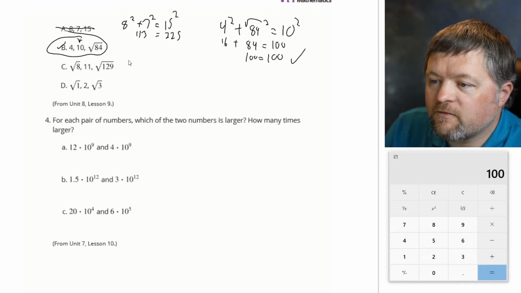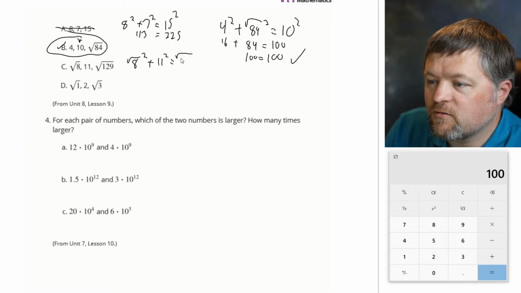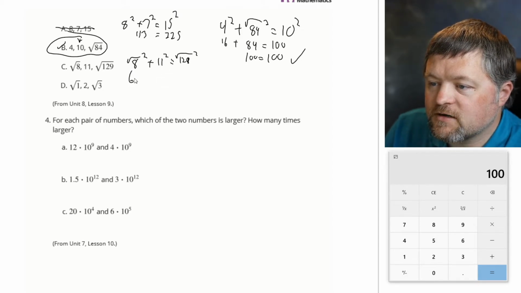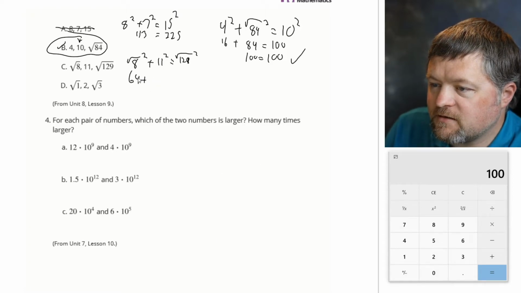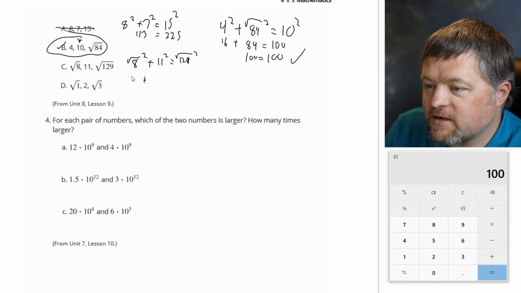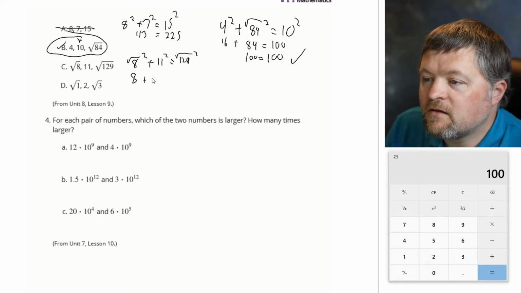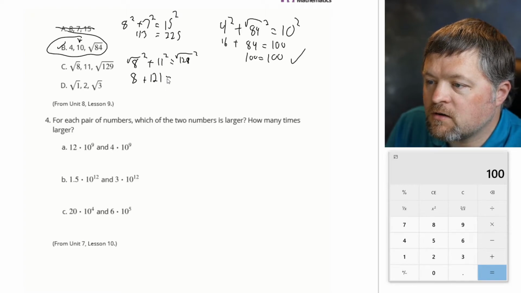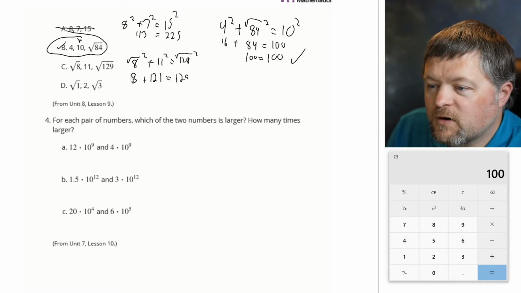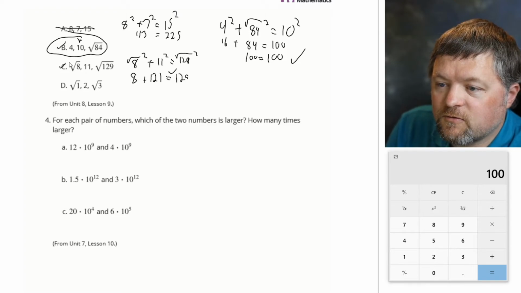So we have square root of 8 squared plus 11 squared equals the square root of 129 squared. Whoopsie. The square root of 8 squared is just 8. 11 squared is 121. Square root of 129 squared is 129. 121 plus 8 is 129. So this one works.